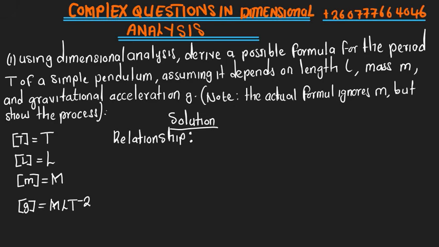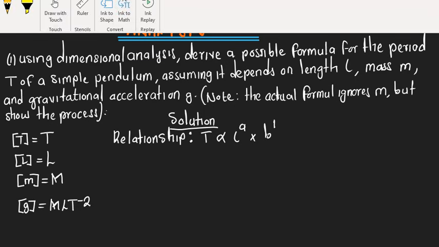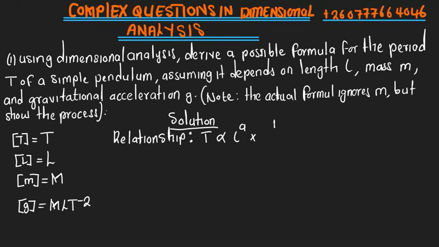So my relationship is going to be: the period T varies with some L, then I'm going to introduce a power A, multiplied by m, which is the mass.